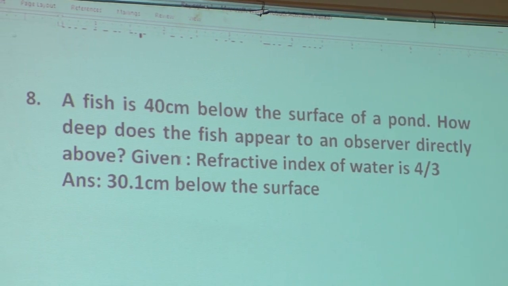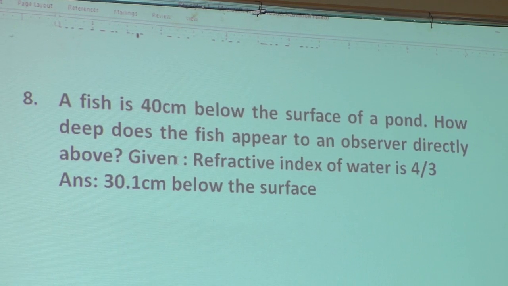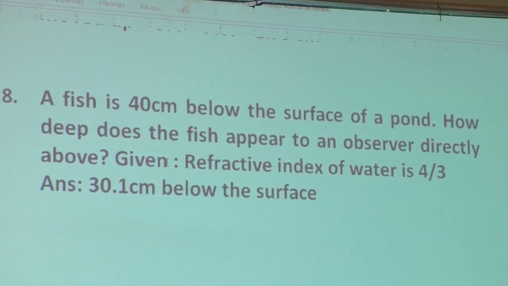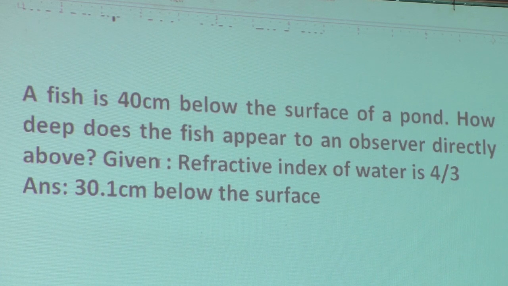You know this. You can do it yourself. If n is real depth by apparent depth, what is apparent depth? Real depth by n. Real depth is 40, n is 4 by 3, and 4 will be in the denominator, 3 will come to the numerator. 120 divided by 4.